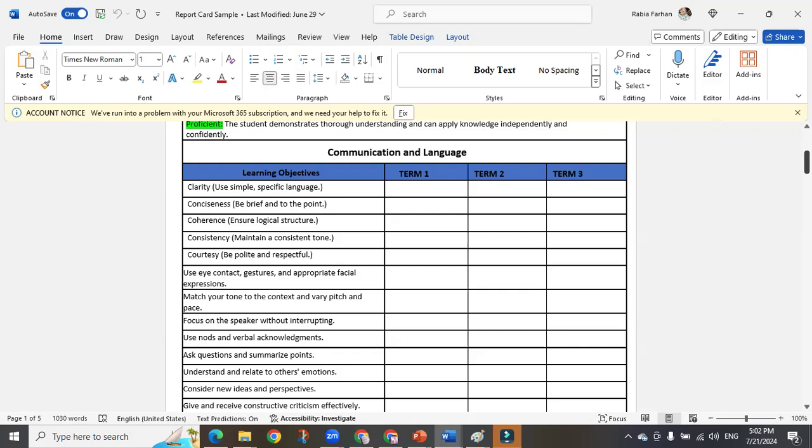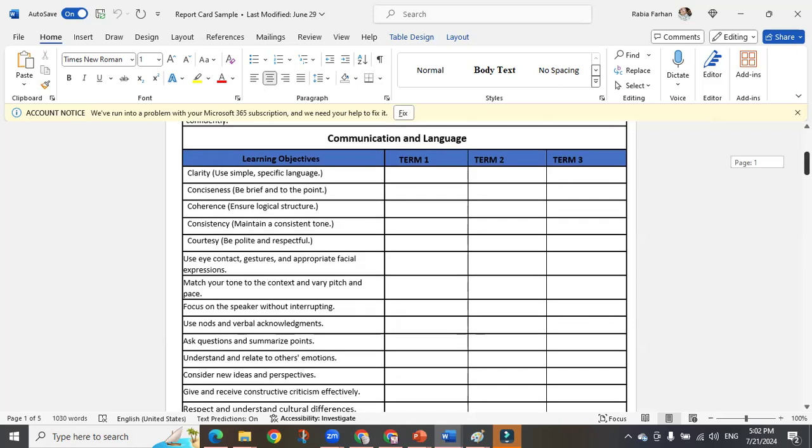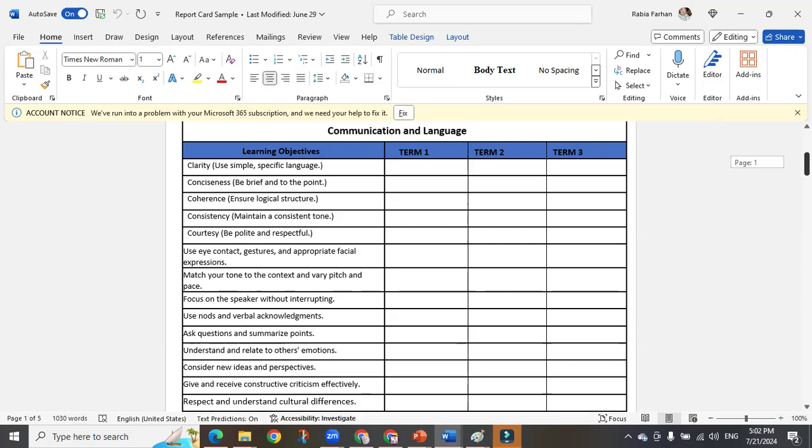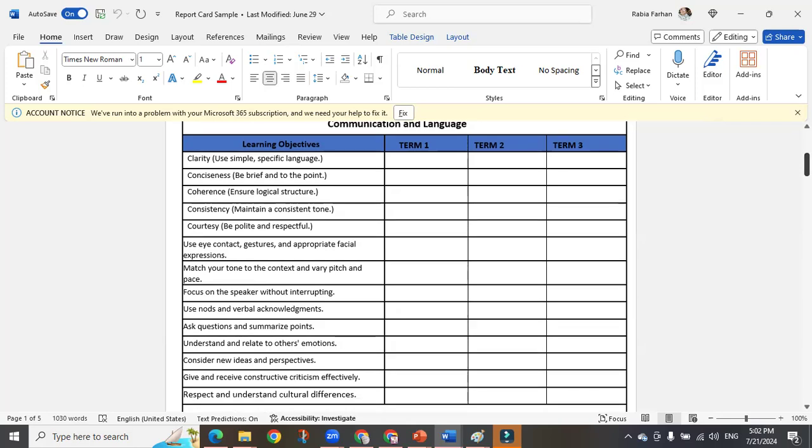These are the prime areas which you are going to set for every child on every level, either pre-primary, primary, or secondary. Here, in communication and language, you are going to check whether your child's language is clear, concise, coherent, consistent, and courteous. He should be polite and respectful to you, towards his peers, and even outside of the classroom. These things will help you to evaluate your child accordingly.